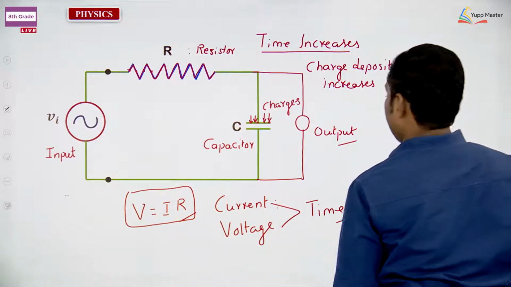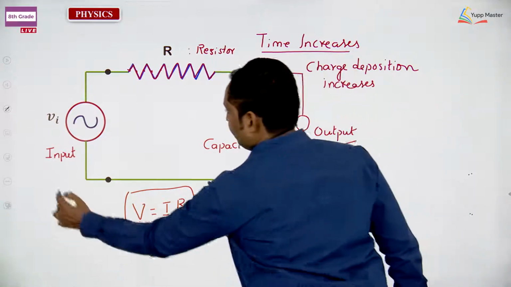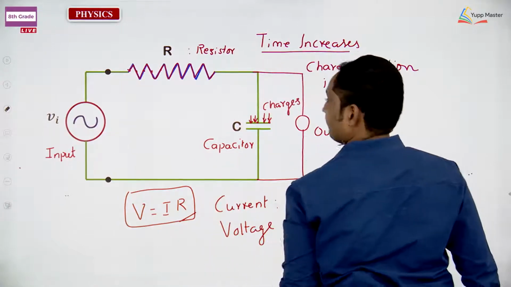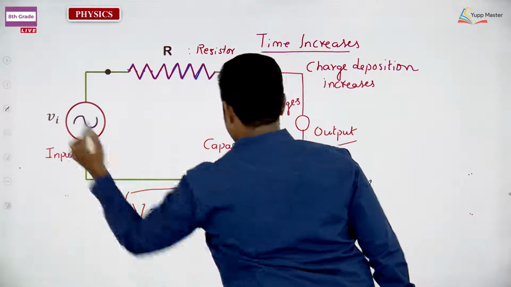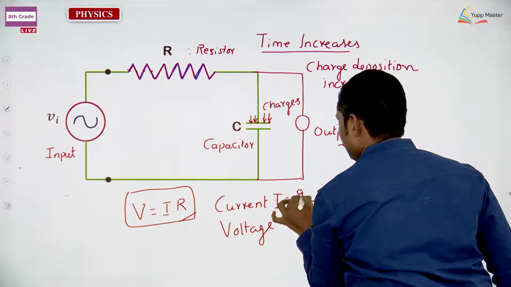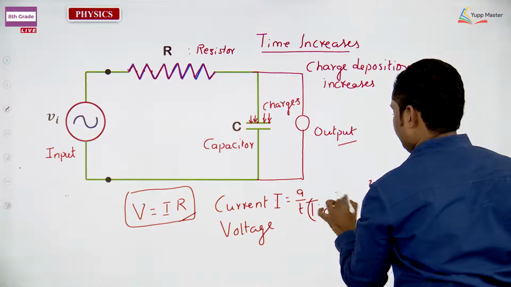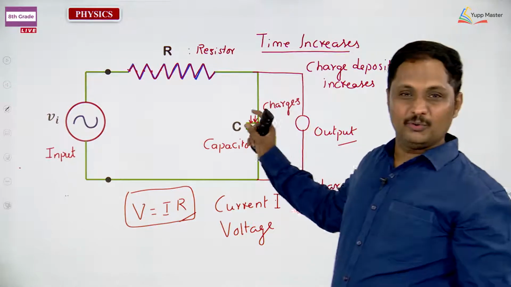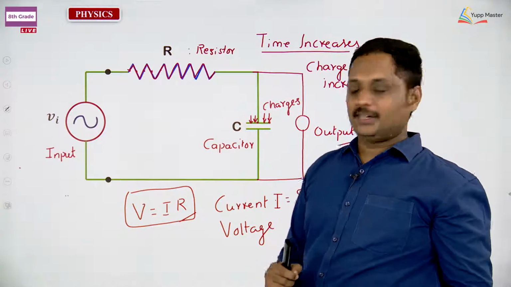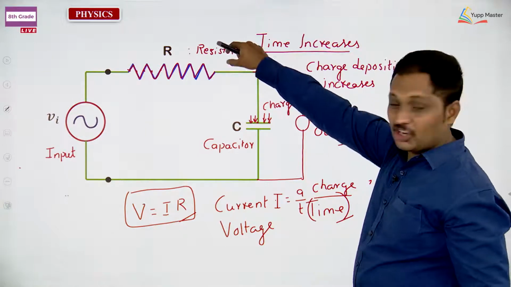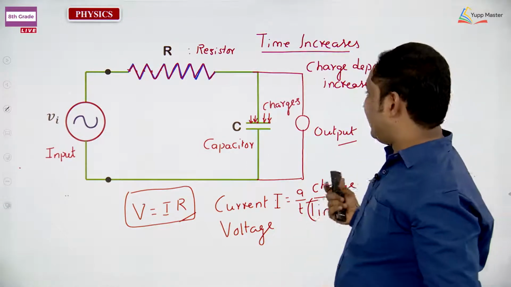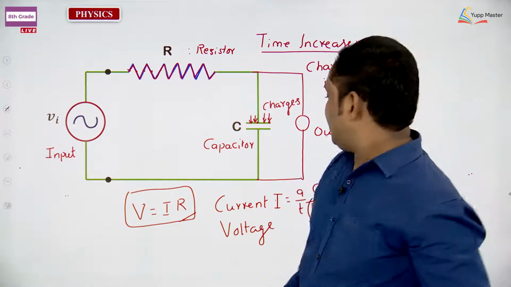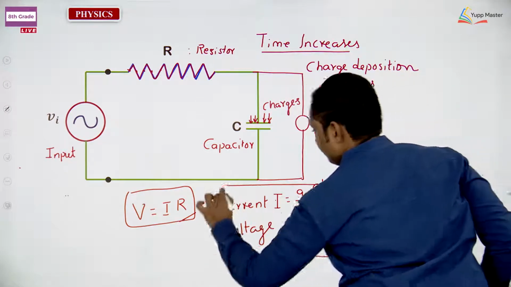The current I is equal to Q by T: how much charge passes. The charge is Q, and the time allowed to pass is T. You have to know these fundamentals, which are very, very important.